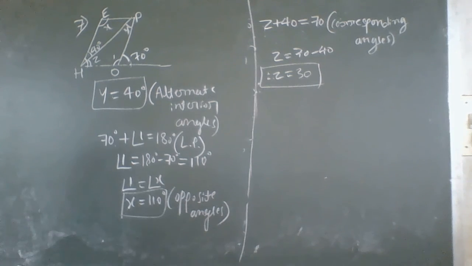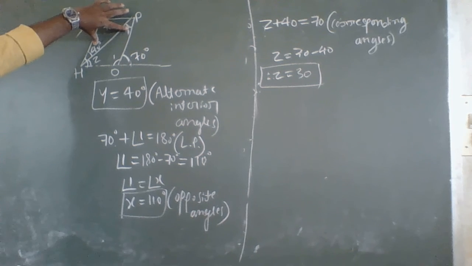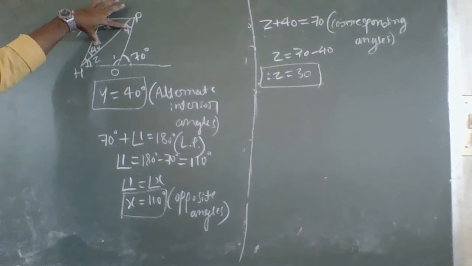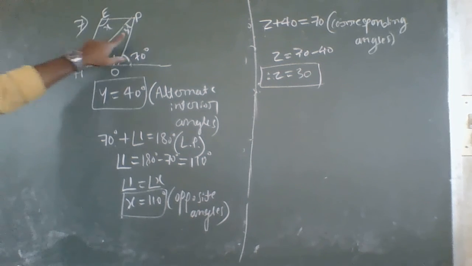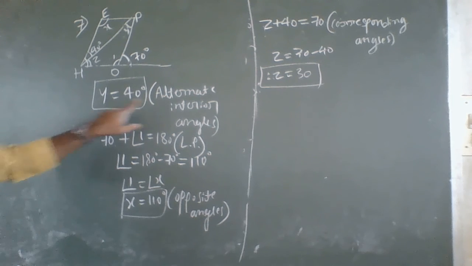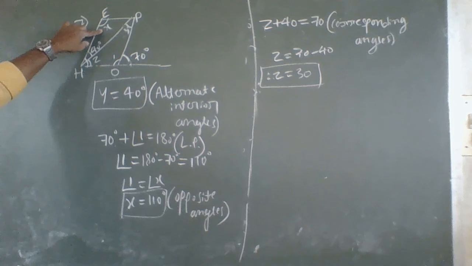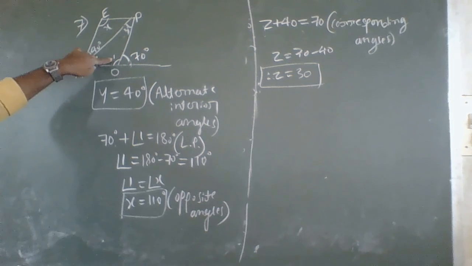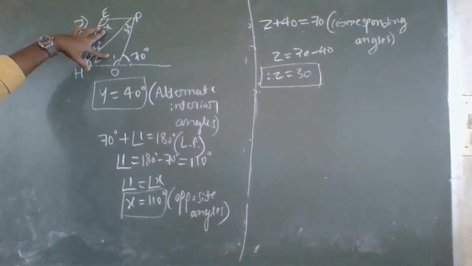See here again in this diagram. Here this 40 degrees and y, these two are alternate interior angles. Therefore, these two are equal to each other. Therefore, angle y is equal to 40 degrees. Alternate interior angles. And to calculate the x value, I will calculate this angle because these two are opposite angles.